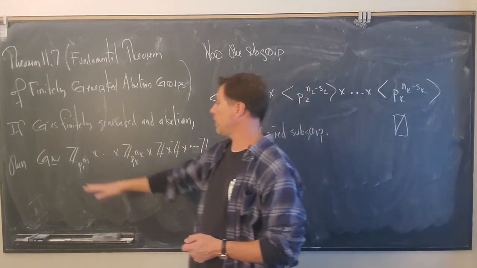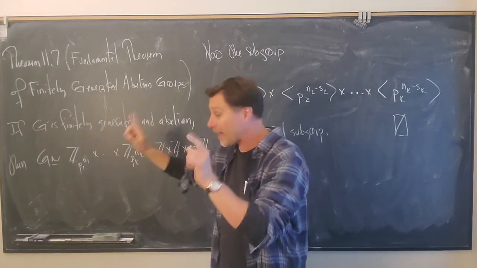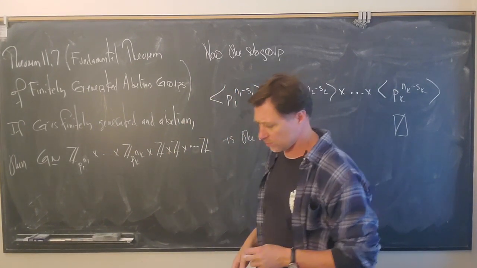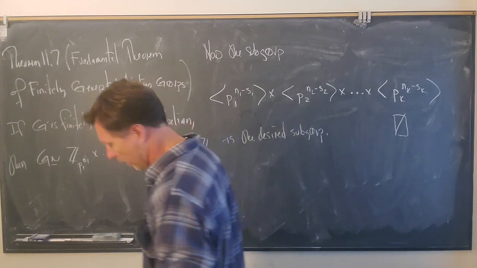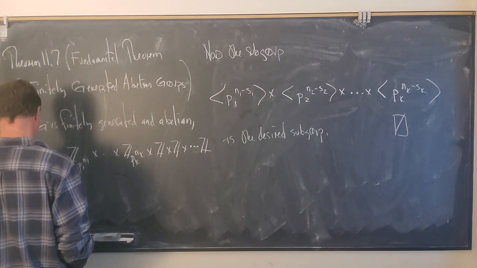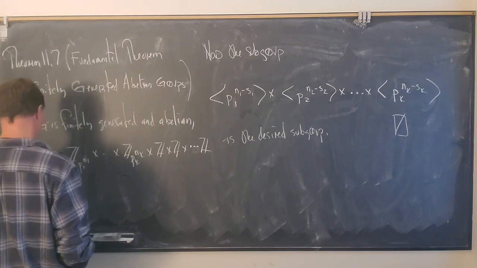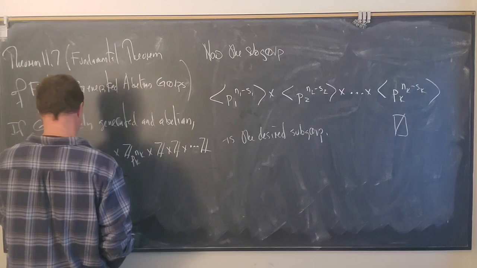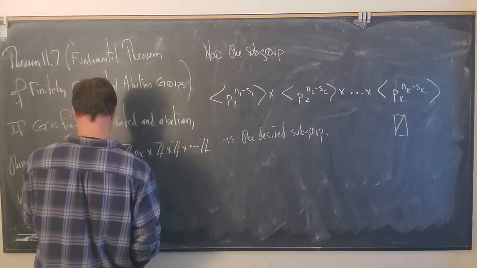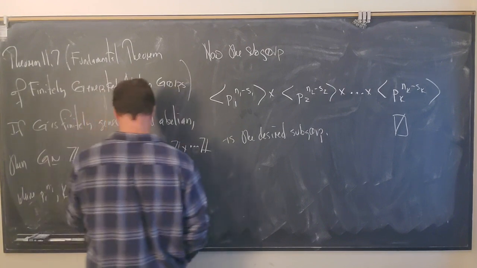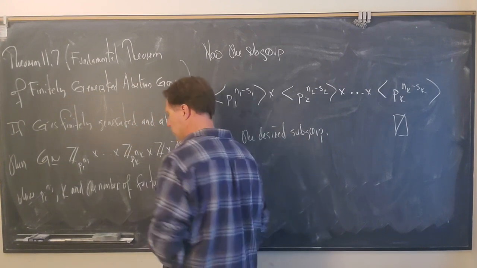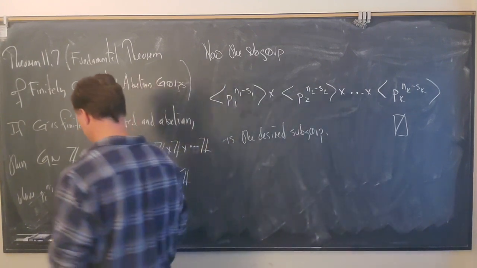It's going to look like a finite abelian group cross some collection of Z's, some collection of integers, where the p_i to the n_i's and the number of factors of Z are uniquely determined by G.